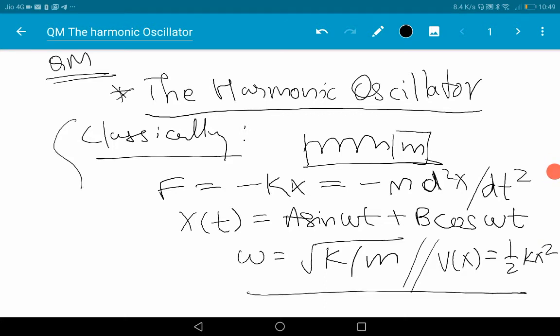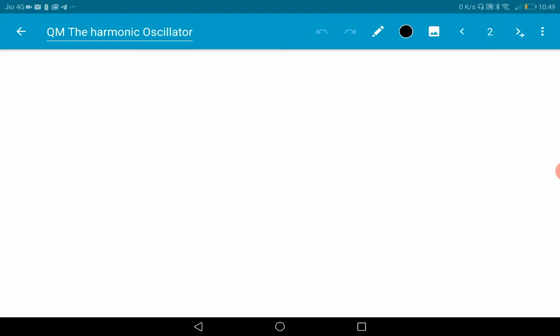So this is everything classically. Next we'll see how we solve this in quantum mechanics. So we'll see the quantum harmonic oscillator.